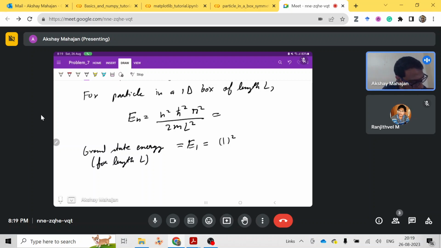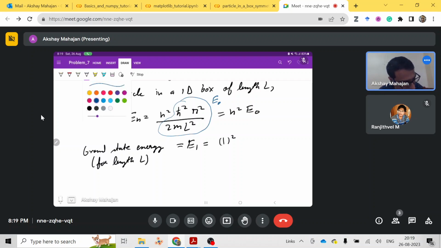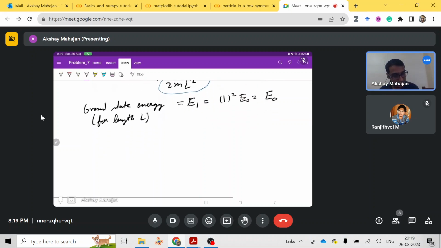Let me write this as n squared times E naught, where E naught is this value, just to make things simpler. So this is equal to E naught. Alright, so this will be 1 times E naught, so our E1 value is just basically E naught.